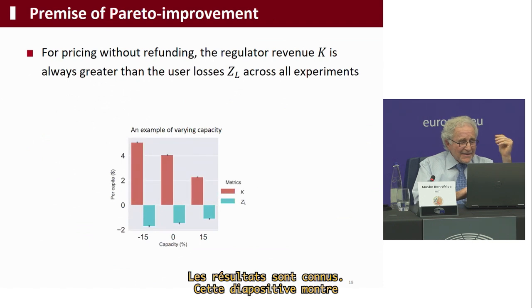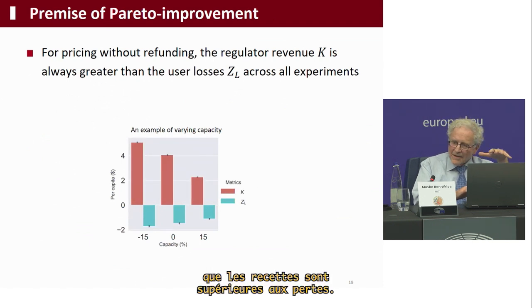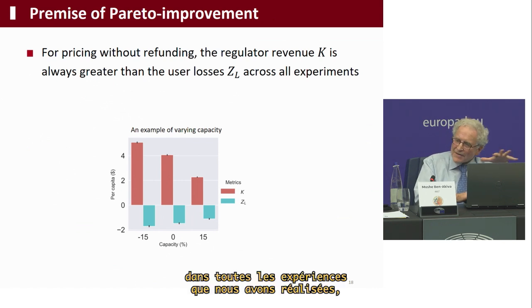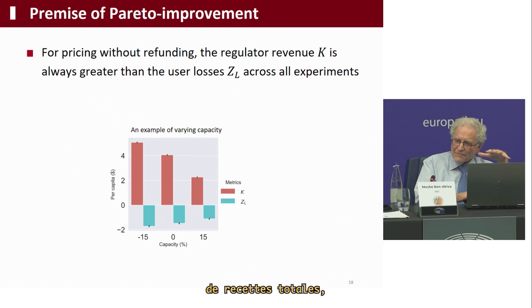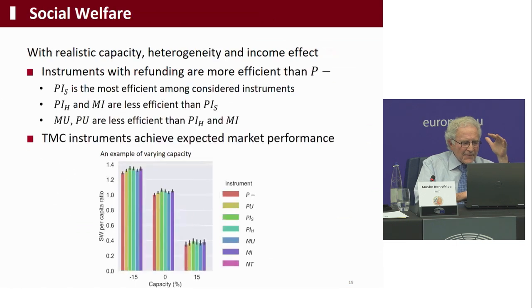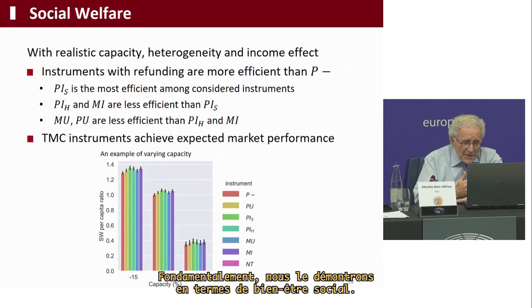And the results, this slide shows that the revenue exceeds the losses. In all the experiments that we have done, there is always sufficient total pricing revenue to cover the losses.